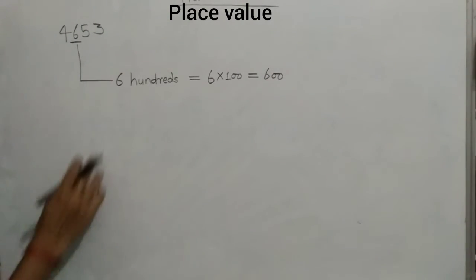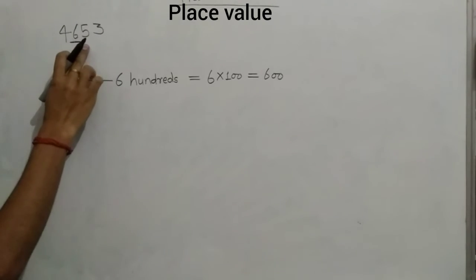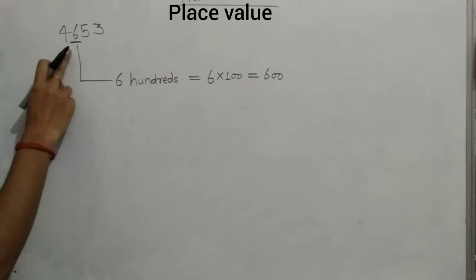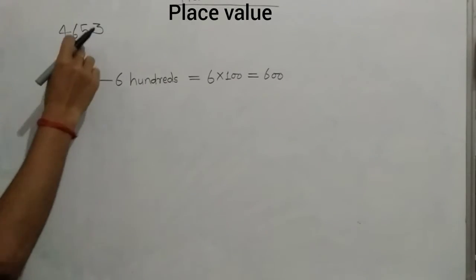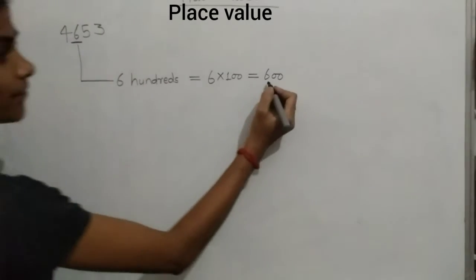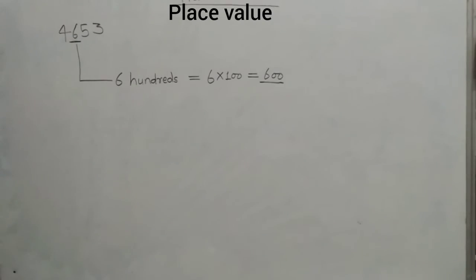So the place value of the underlined digit that is 6 is equal to 600. तो जो digit underline उसका place value क्या आएगा 600. Okay, let us see another example.